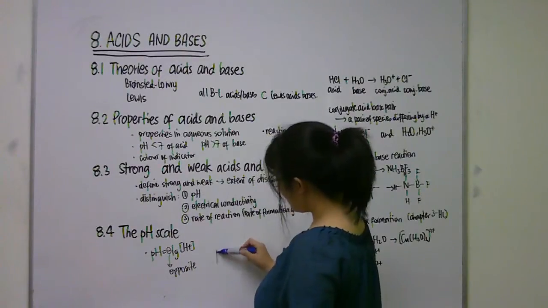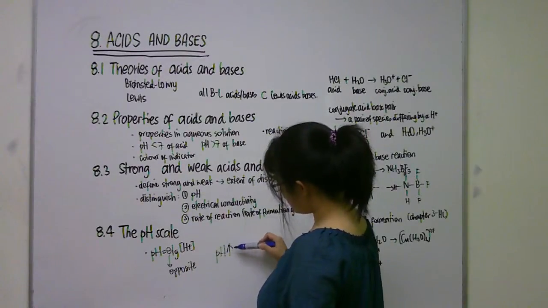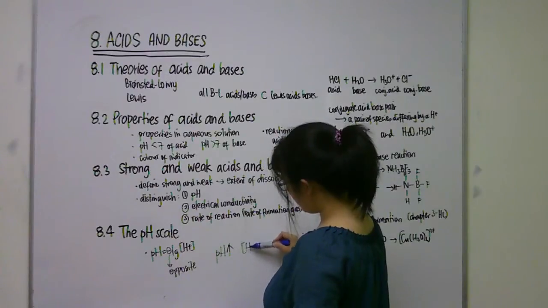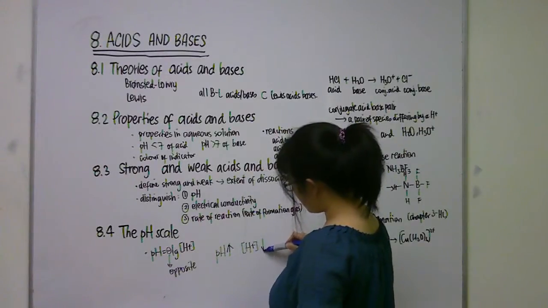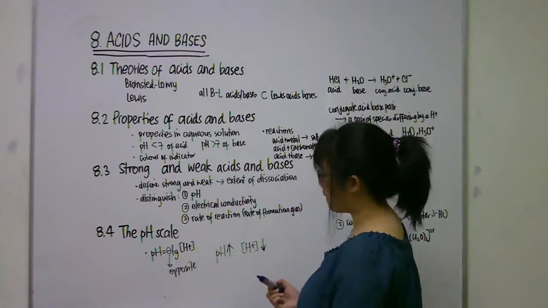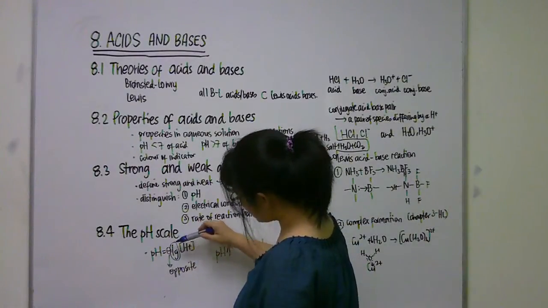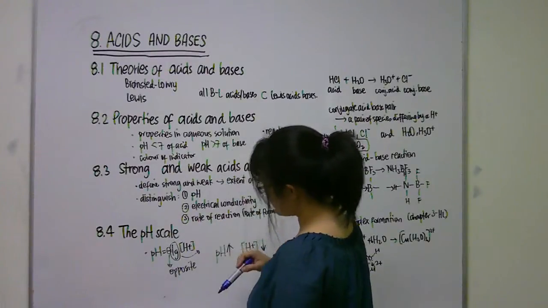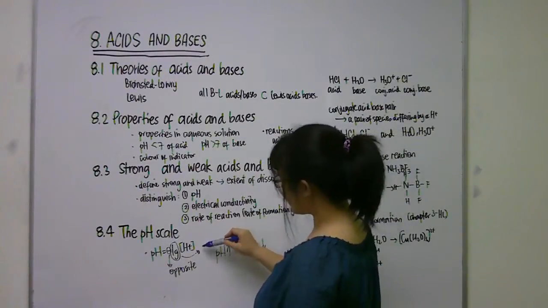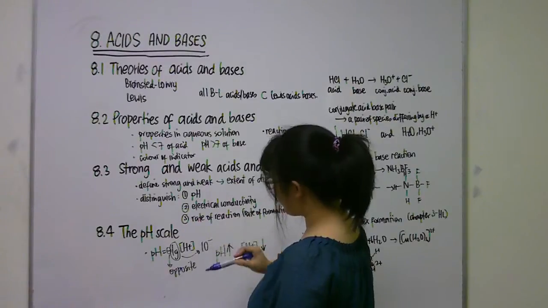Which means when pH increases, the concentration will decrease, because of the negative relationship. And when you look at log, they should have learned logarithms in mathematics, so they know that it's about 10 to the power of something.